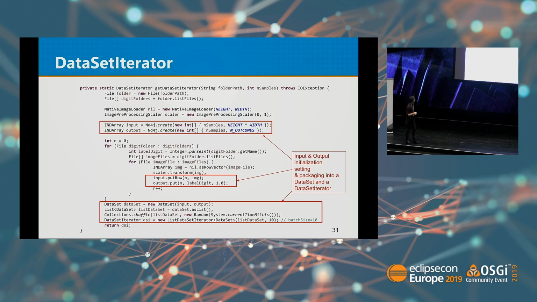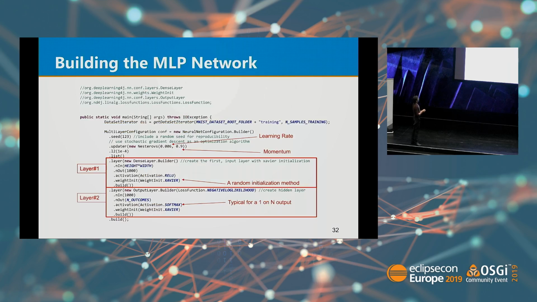In the end, we package the input and output into this dataset object, and then build this dataset iterator. So this will be used both for the training set and the test set. You can see here that we are using this helper method to get the dataset iterator.